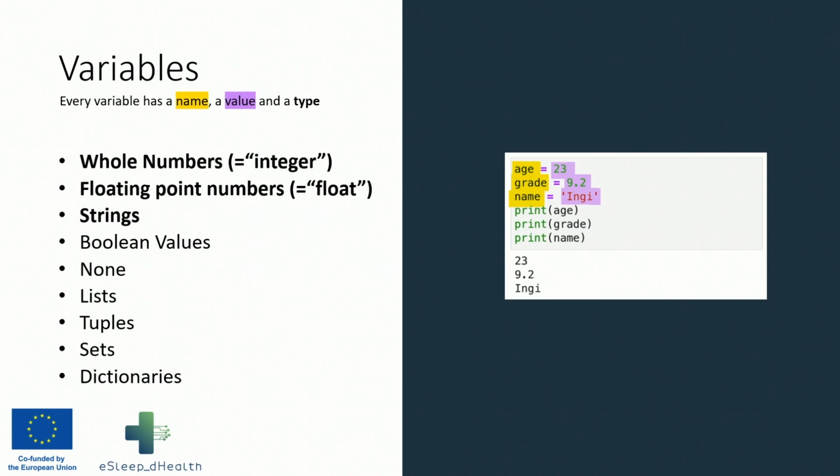So by giving the quotation mark, we indicate that this is the type string. This could be any text in there as long as it is in quotation marks. Then below these variable declarations, we print each variable and see it underneath in the output. What we can see in the output is that when we print our variable called name, it will not have the quotation marks anymore. We just use the quotation marks to declare the variable.